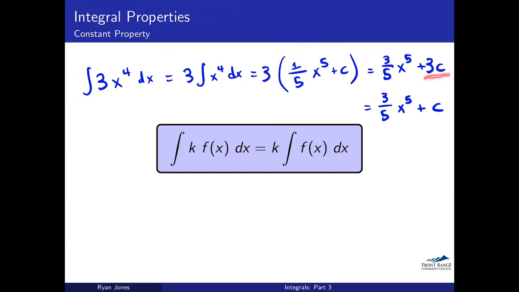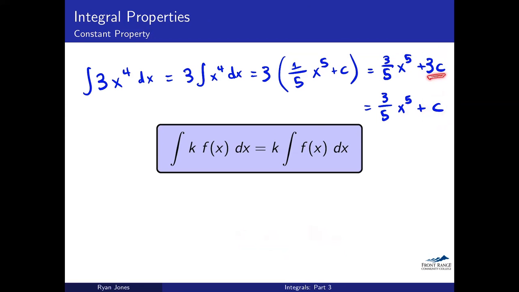So when I multiply it by 3, all that does is give me any number in the world. And it doesn't really make a difference if I write c or if I write 3c. It's still just a blanket representation for any possible number that there could be out there. So rather than writing 3c, I just simplify it and say, let's put plus c. It's still just standing for whatever number you can possibly think of.